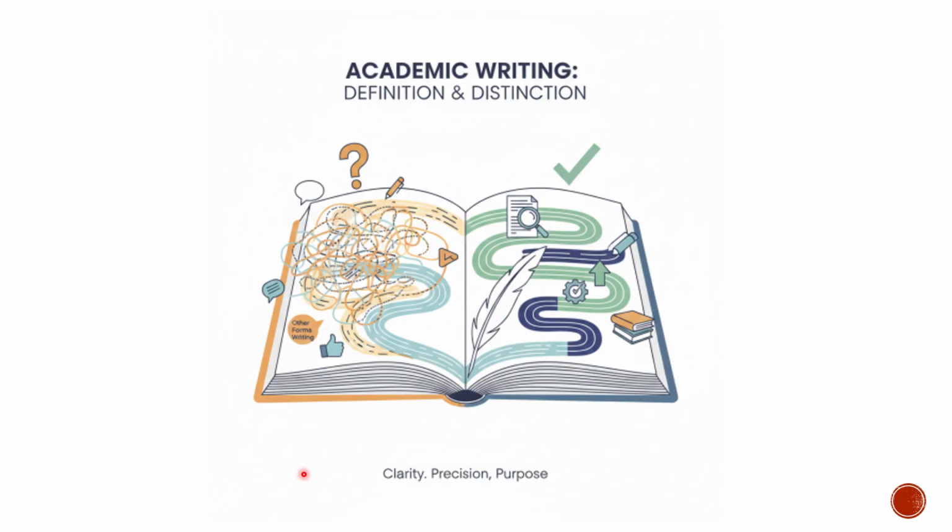All right, so to define academic writing, it is simply a type of writing which is done by scholars for other scholars to read. It can take many forms such as journal articles, textbooks, dissertations, group project reports, essays, and so on.